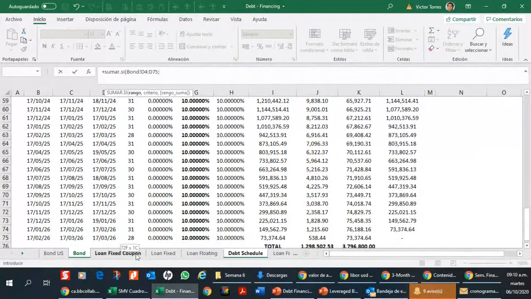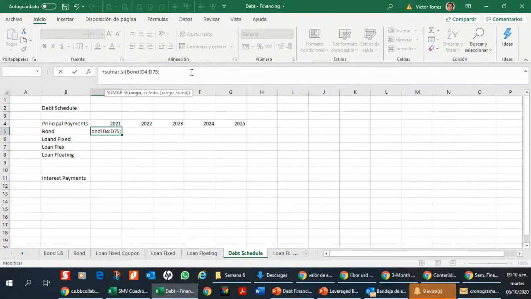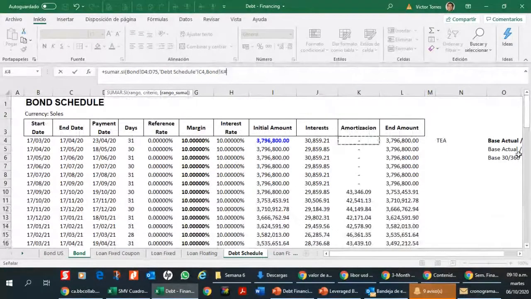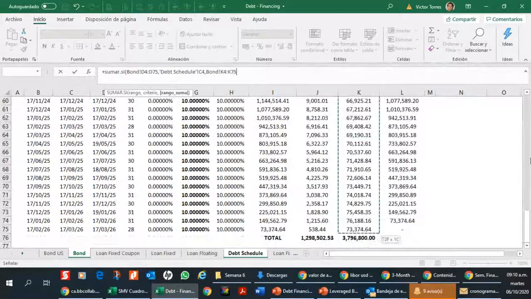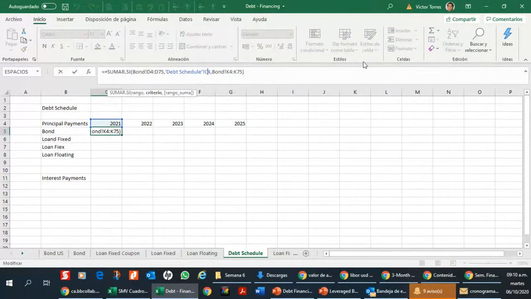I'm going to be picking up the criteria, and then we are going to be summing here on the principal payments. I have used different types of columns here. Usually we will prefer to use C4, let me just quickly put the 4 here.